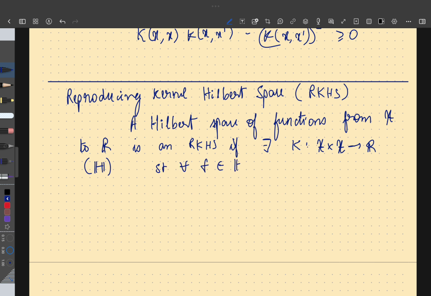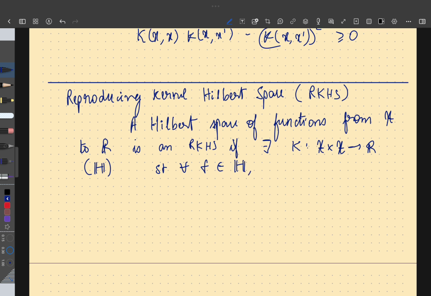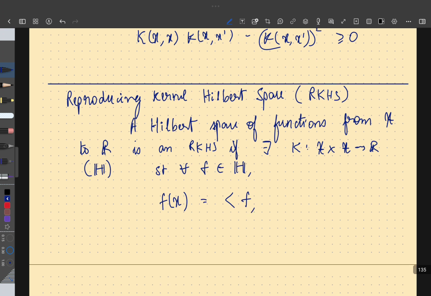For all f that belongs to the Hilbert space, there exists a k from X cross X to R such that f of x is the inner product between f and k_x. So k is a function that takes two inputs.